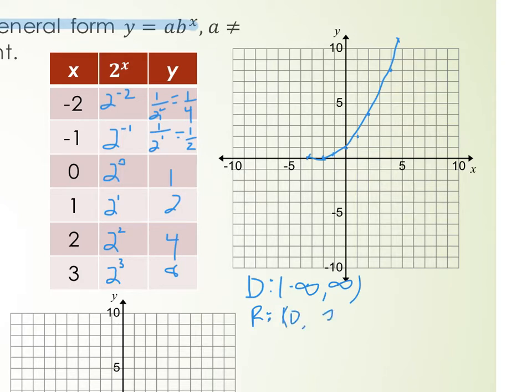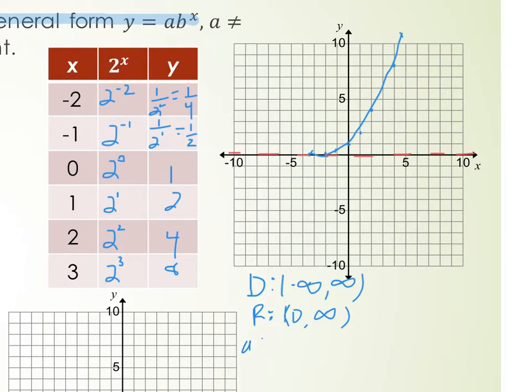And that 0 has a parenthesis because we actually have a horizontal asymptote at the x-axis. And remember, it's like a pretend line that the graph approaches but doesn't cross. Okay, so our asymptote is the line y equals 0.